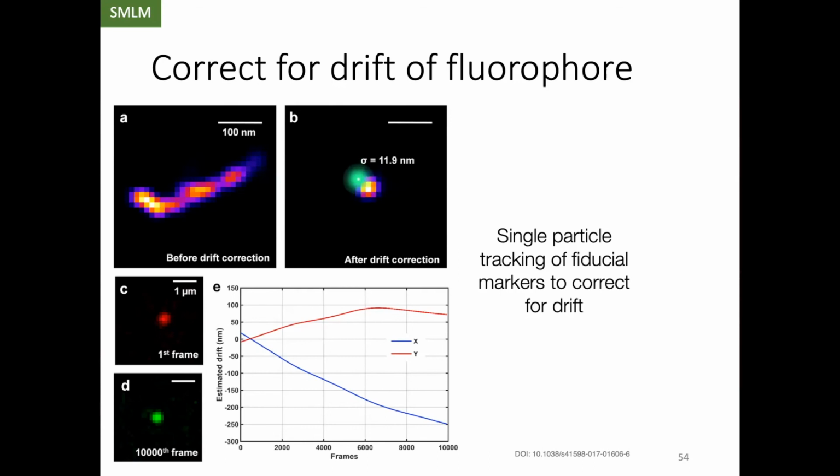If you do a drift correction, you say, okay, I have this spot, which is always staying in the same place, and I'm going to correct all my images for these thermal fluctuations. And that increases your resolution a lot. You can add, for example, a very strong fluorescent particle that doesn't blink and doesn't photobleach to your sample, which allows you to correct for the drift in your sample.